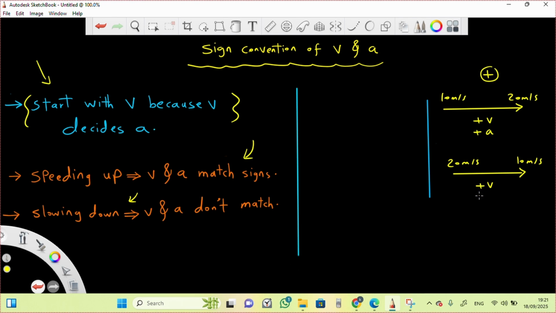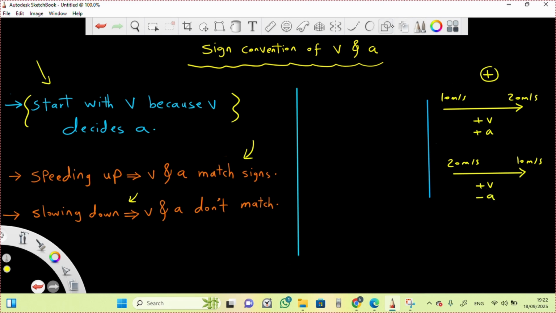So, the usual question: are you slowing down or speeding up? Now we are slowing down to the right. Therefore, acceleration must take the opposite sign of velocity, whatever the sign of the velocity is. So velocity is positive, therefore acceleration is going to be negative.